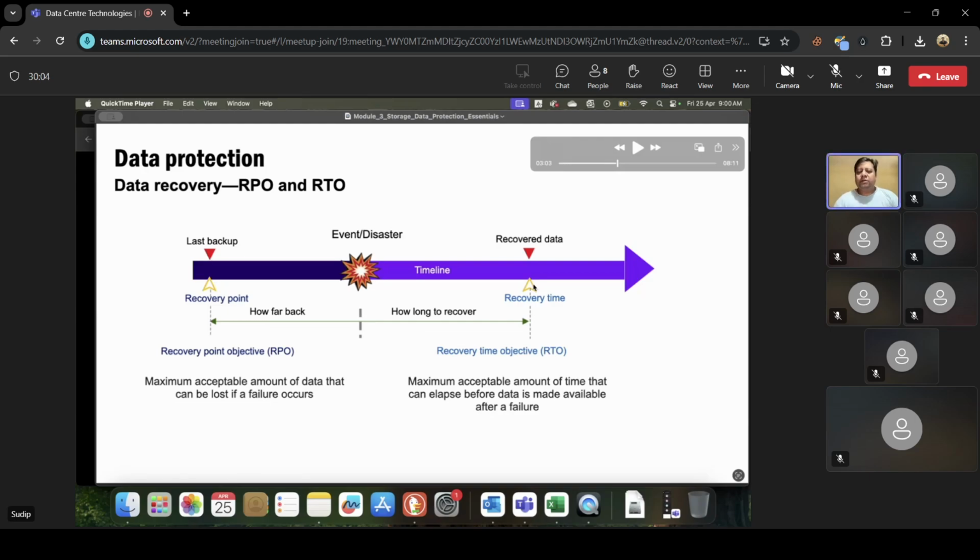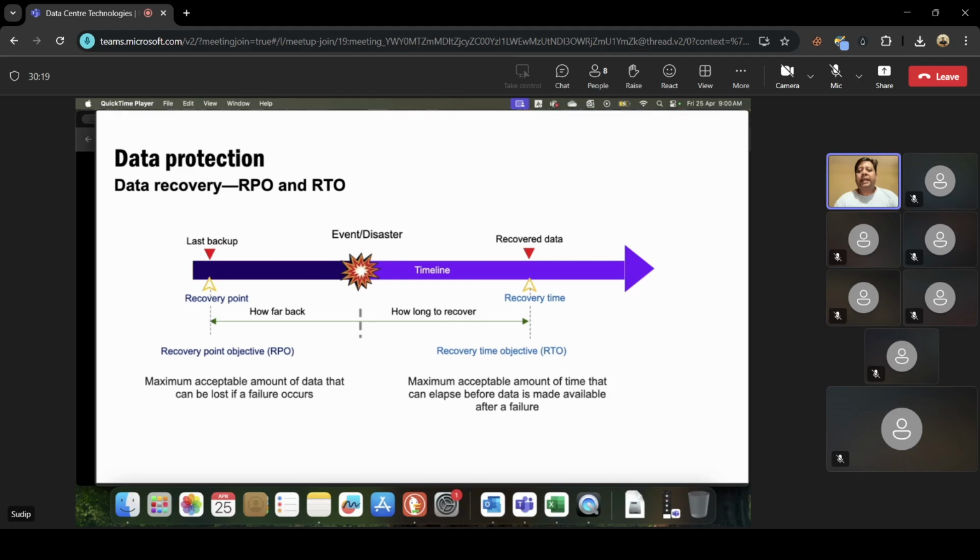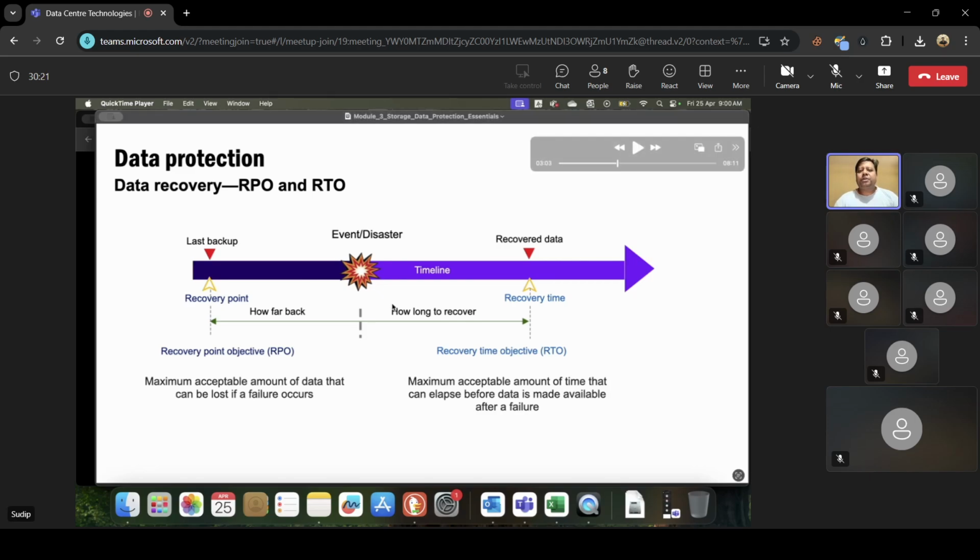The business should be ready to withstand this much amount of data loss, and they should be able to bear the downtime because of a disaster for this much amount of time. Those things they need to consider and keep their end users informed.